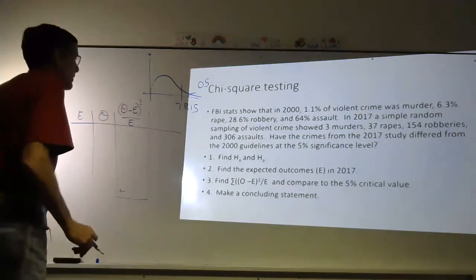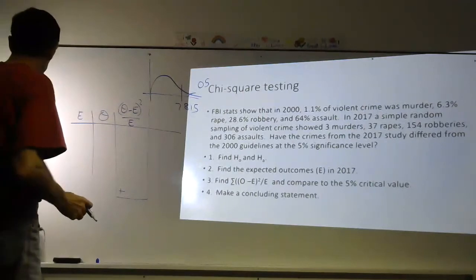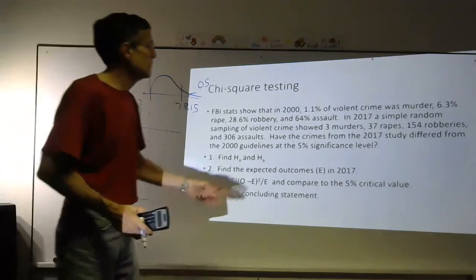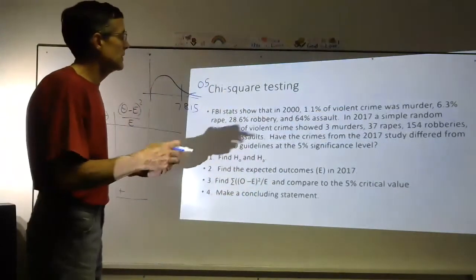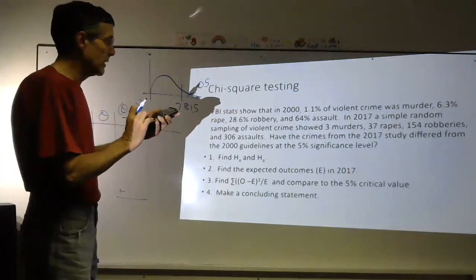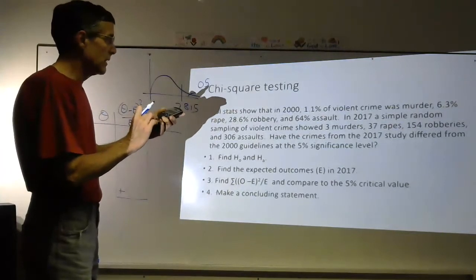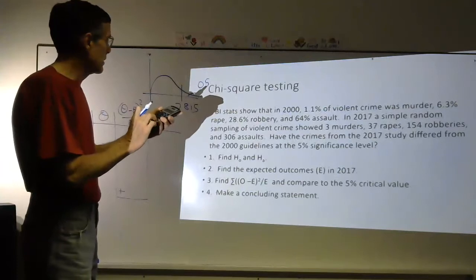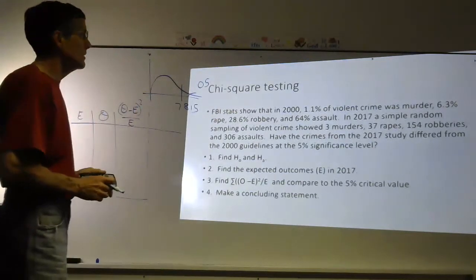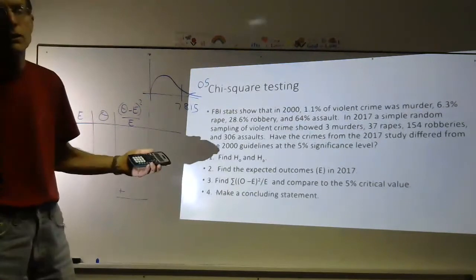All right, so let's do it. First, what would be expected in 2017? Well, let's add up the total number of crimes. So we have 3 plus 37 plus 154 plus 306 equals 500. Nice, easy number. So we have a total of 500 crimes.